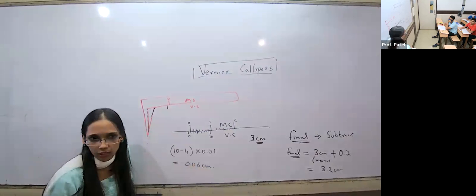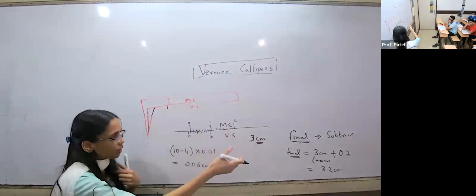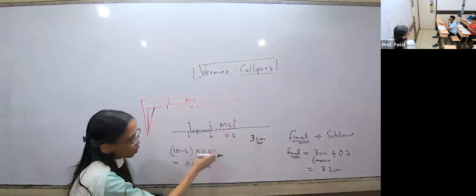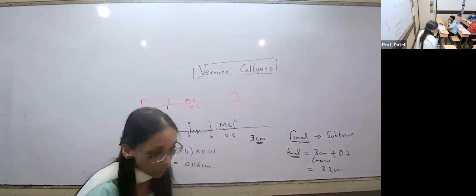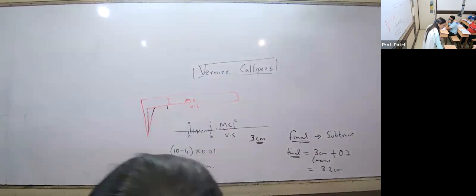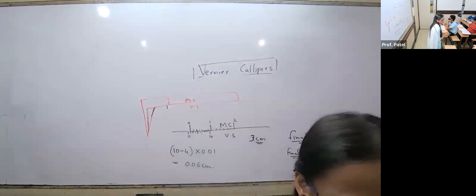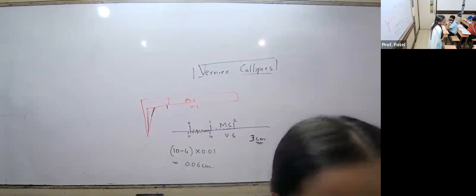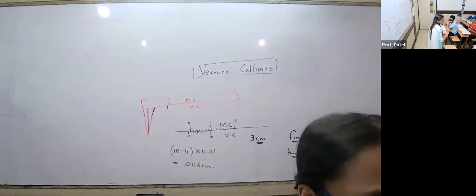In the first one, we directly take the fourth one multiplied by this and we get the error. In the second one, it is different. The vernier scale and the main scale always have a coinciding line. It's not possible otherwise.